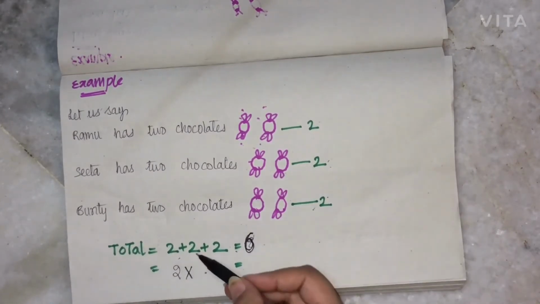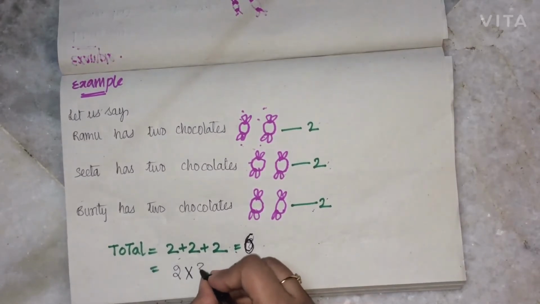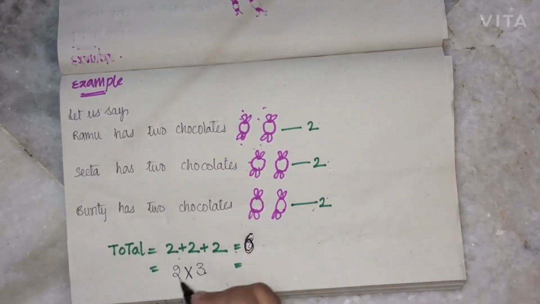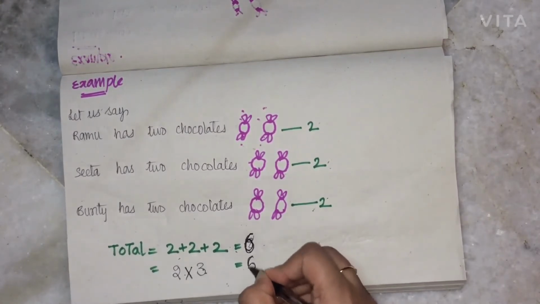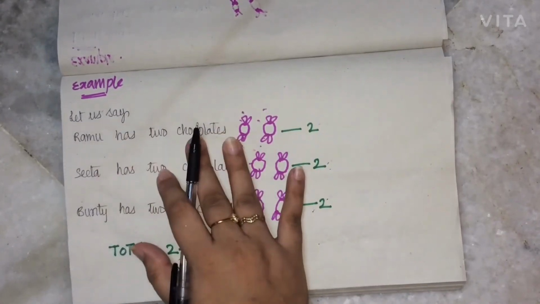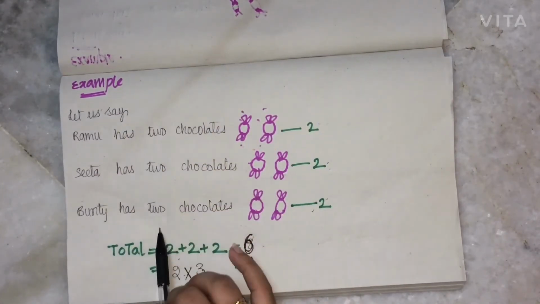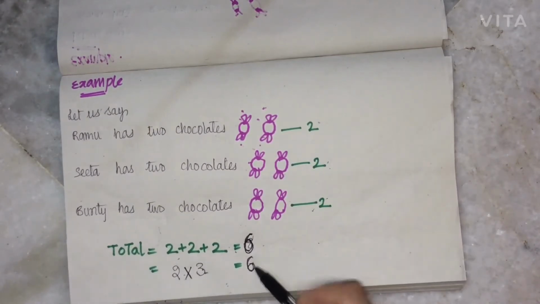6. So how many times are we adding number 2? We are adding number 2, 3 times. So 2 multiplied by 3 will give you 6, right? We are taking 3 students, right? Each student has two chocolates. So we are adding number 2, 3 times, which will give you number 6.